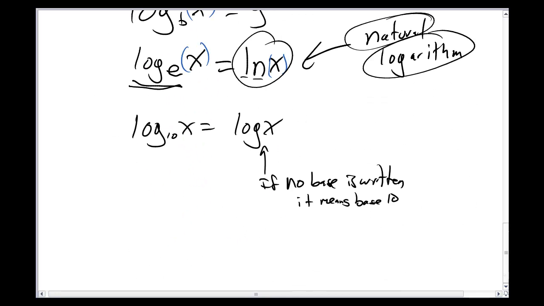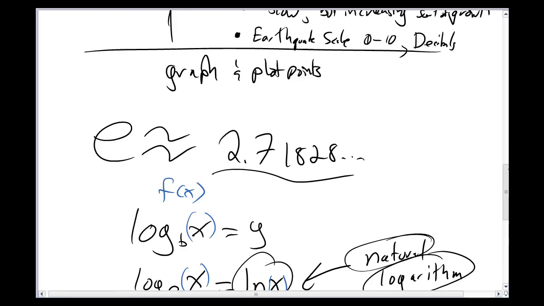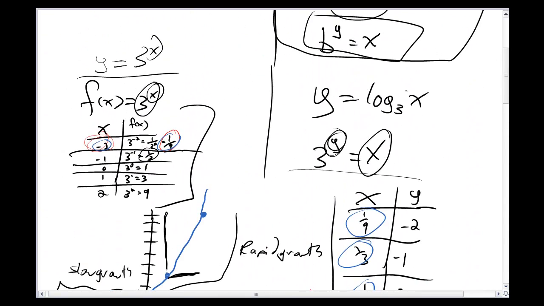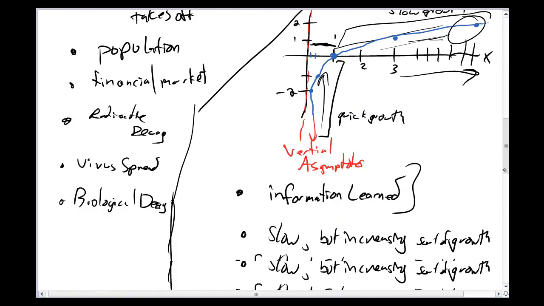And this is important because if I talk about something like ln of 3 equals y, per my idea of what logarithms mean, I know that if I have log base e of a particular number, I can switch it around and get this.